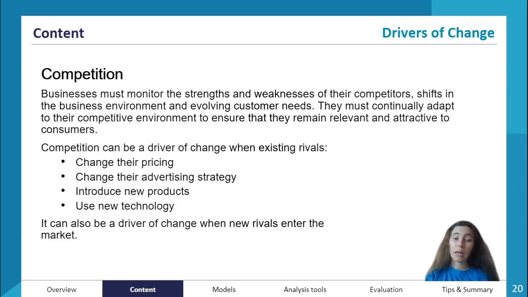And it can also be a driver of change just when new competitors come into a market as well. So, back a number of years ago now, we had other supermarkets from overseas wanting to come into Australia.